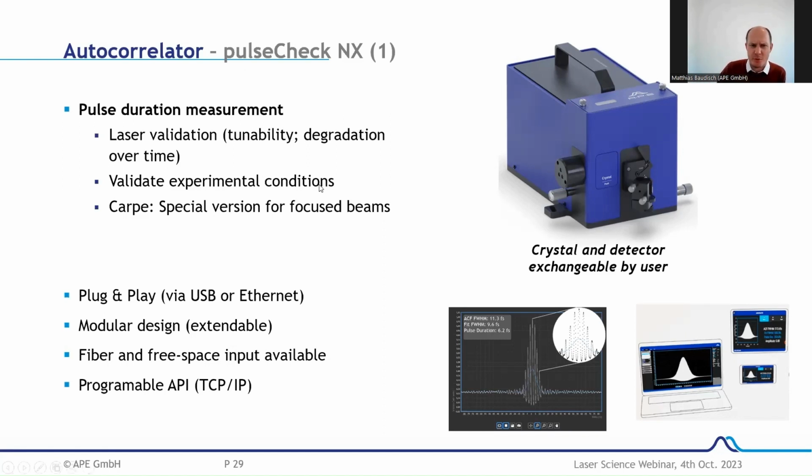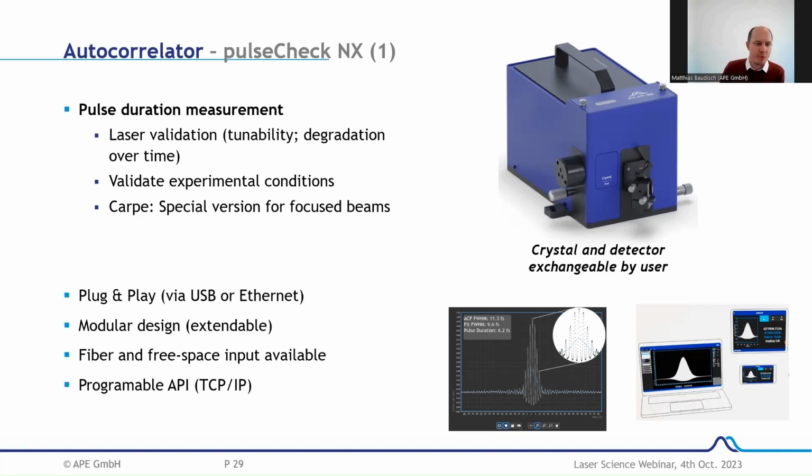Typically autocorrelators need a collimated beam, but there are also types of autocorrelators which can measure the pulse duration of a focused beam, like in our case, called CAPE. So under a microscope, after the focusing lens, depending on your setup. This can also be very useful. And the device is very easy to use, plug and play.